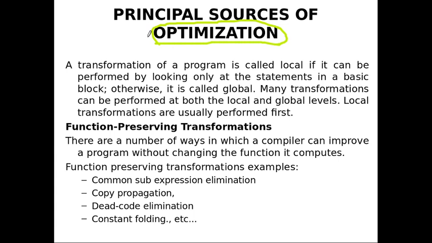Simply put. And how are we applying the principal sources of optimization? Sometimes the same concept is also called function preserving transformations. So how are we applying this transformation technique or optimization method?